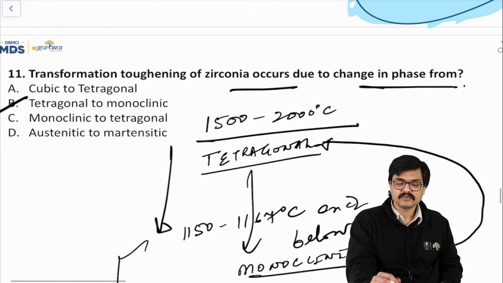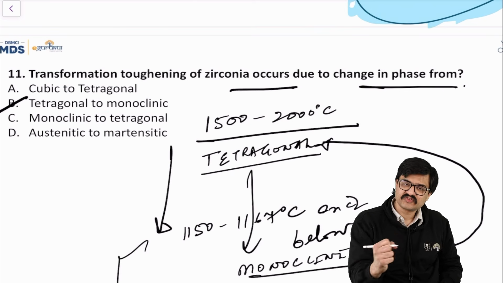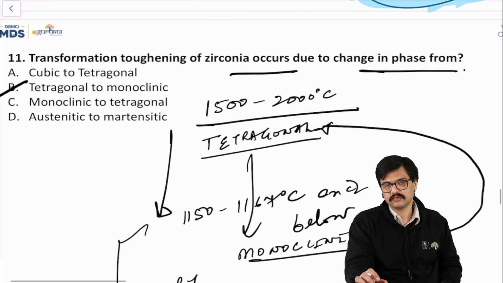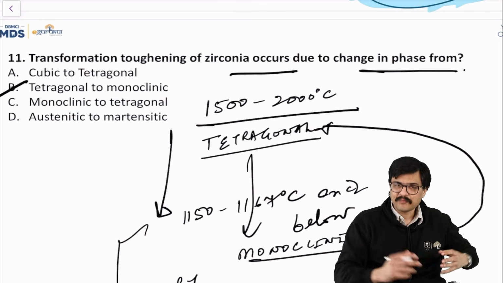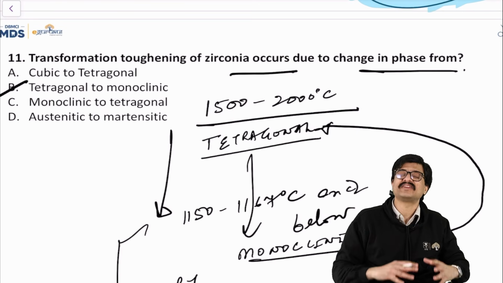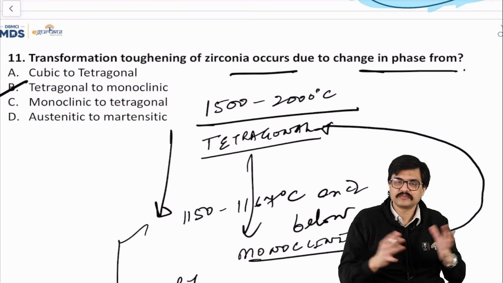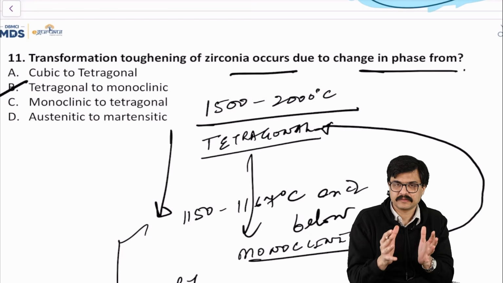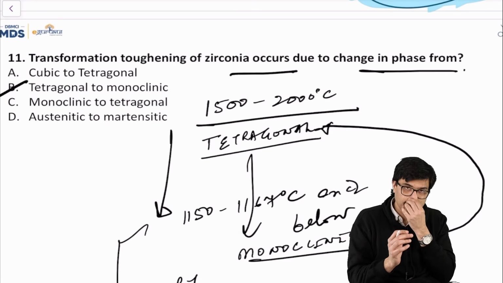Now, in order to have some resistance to crack propagation in a crown made of zirconia, I want a simultaneous increase in crystal volume so that it can compress the developing crack, so that the crack does not propagate.